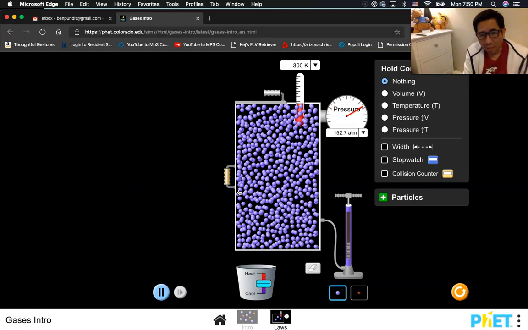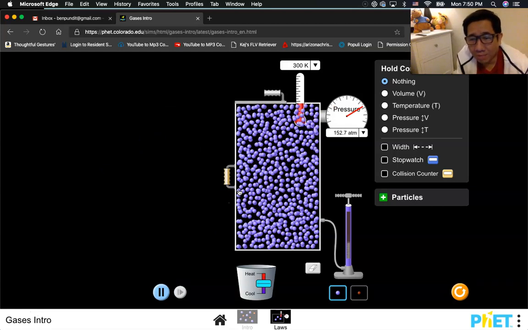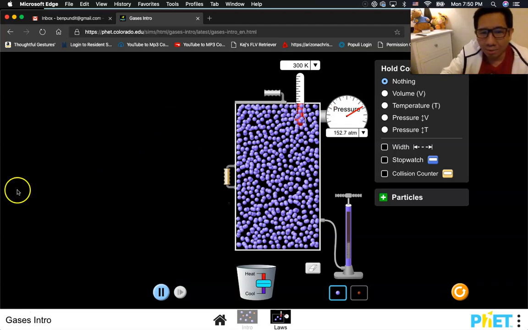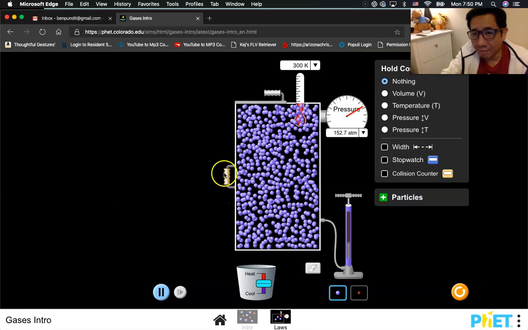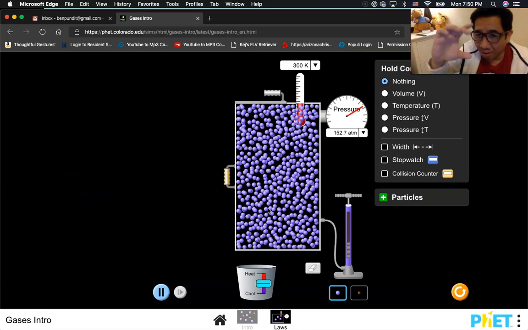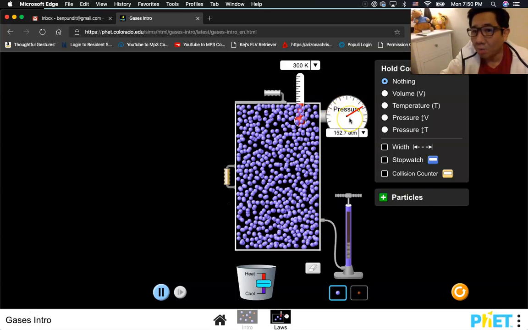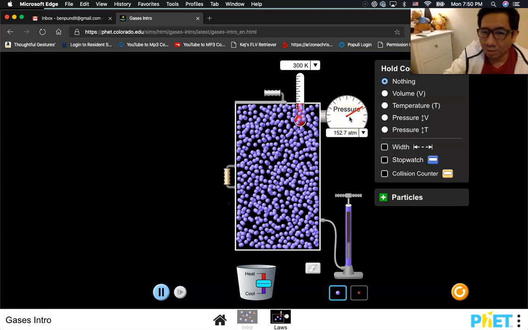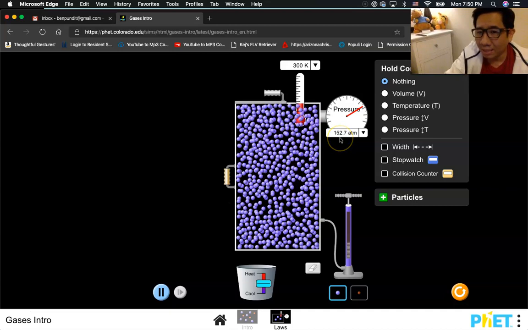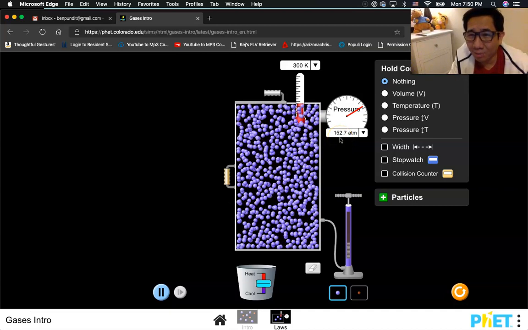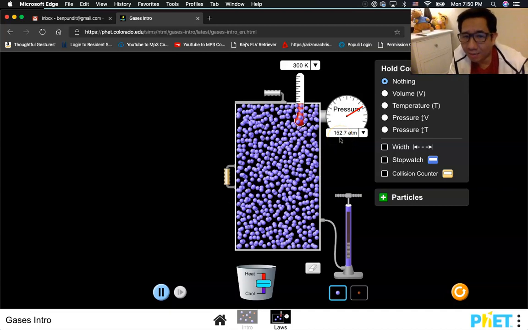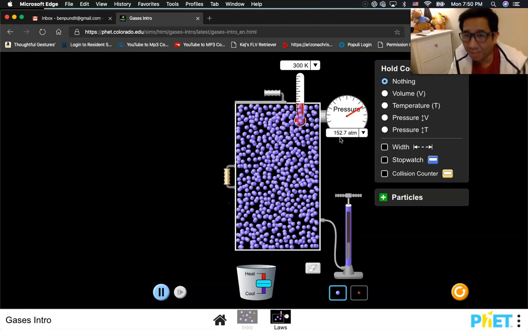When I reduce the size of this, the volume goes down, and when the volume goes down, the pressure goes up. You see how high this pressure is? It's 152. We started from 74, and now it's 152.